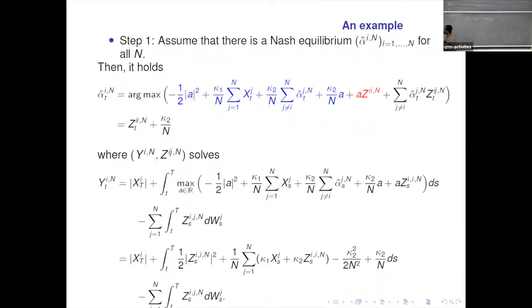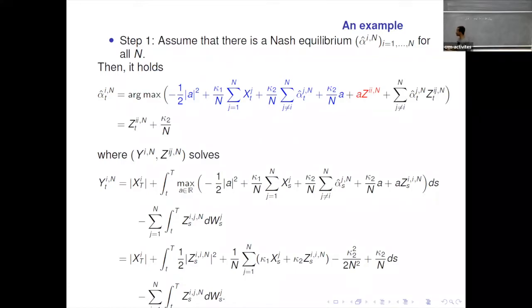Good, so now I can simply plug in. I can do this process not just for alpha i, but for all of the other elements in the Nash equilibrium. Then I obtain this system, and I plug those values into this maximum drift to obtain a cleaner form of the backward SDE.